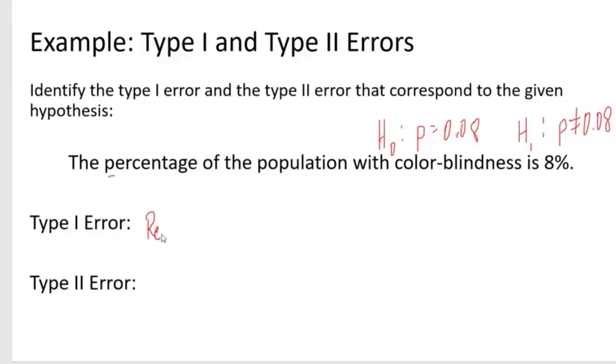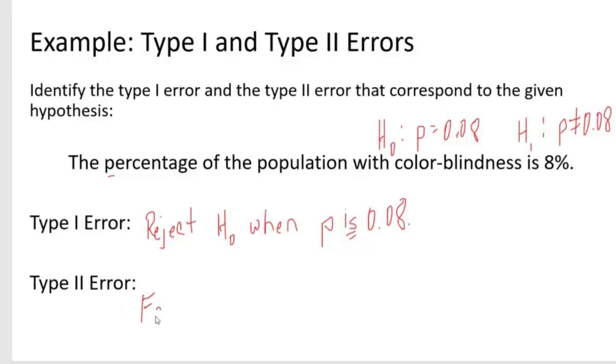So this would be to reject H sub 0 when p is actually 0.08. That's a type 1 error.